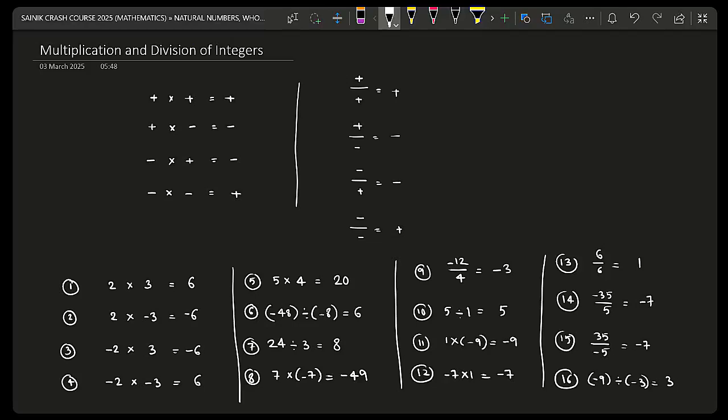You can mute yourself. So all of you, this is the way we are going to multiply or divide integers. You can make a note of them quickly.